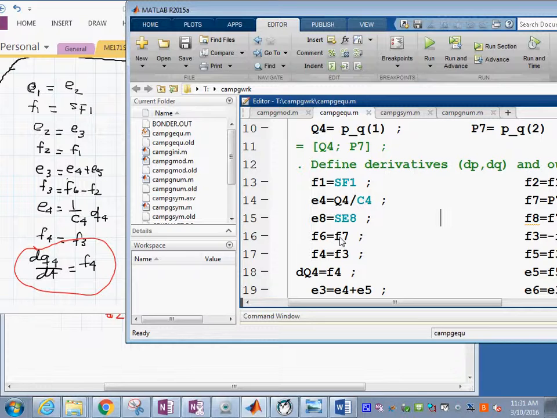But this is just to verify, like dp7 is e7. You're going to see it right here. Okay, that's what you see right here. See?